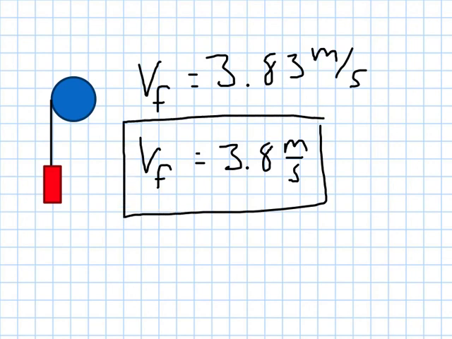The problem asked for speed, and so this is sufficient, it's just the magnitude. If it had asked for a velocity, we would have to indicate that it was moving downward. But we have completed this problem, and I think it takes a lot less time to do this in terms of conservation of energy. You may want to try to solve it using forces and torques and see for yourself which method you think is easier.